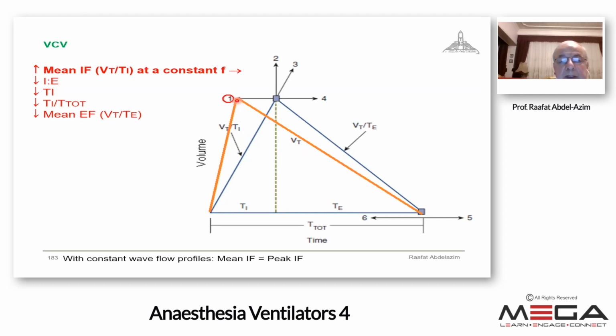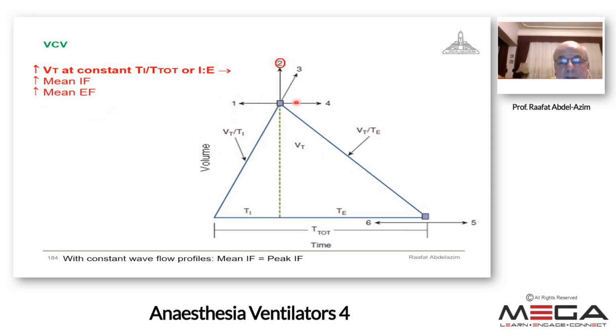So the mean expiratory flow rate will be lower because it has more time. So when we decrease the inspiratory time, the expiratory time is increased, and the effect on flow will be reversed on expiration. In inspiration it will be higher and in expiration it will be lower.